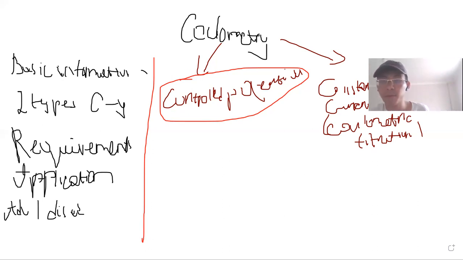So, before we start here, let's move to what it consists of: instrumentation.